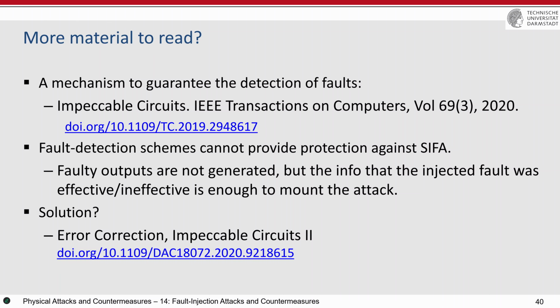For example, sensors which detect clock glitch, sensors which detect power glitch, light sensors to detect the laser beams, or some coils inside the circuit to again detect the electromagnetic pulses and so on. But they are not algorithmic level countermeasures. They are just circuit level countermeasures. So they are completely independent of any circuit that you have, any algorithm, mask, unmask, and so on.